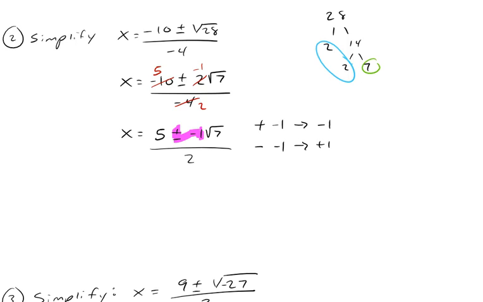So the reality is I still have a plus or minus 1. So that negative isn't even needed. So my answer would be x equals 5 plus or minus. If it's just a 1, it can kind of disappear. So it can be like this over 2 or like this.